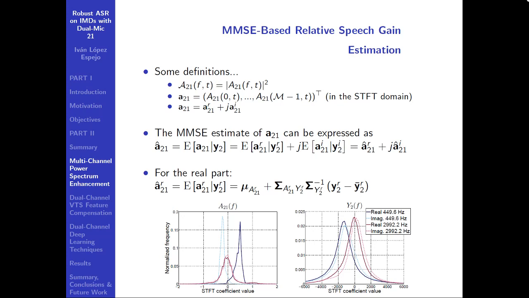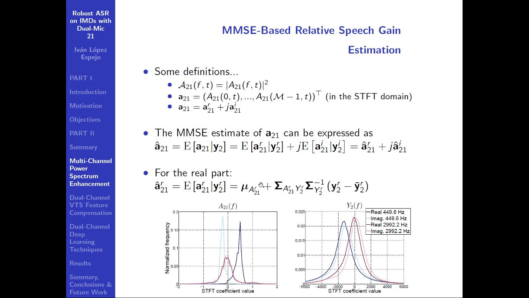Next, for the sake of simplicity, we will also assume that both variables are jointly Gaussian. Thus, for the real part and similarly for the imaginary part, its estimator is a mean speech gain vector plus a correction term depending on the noise observation at the secondary channel.